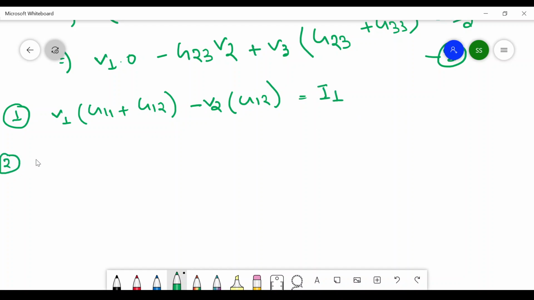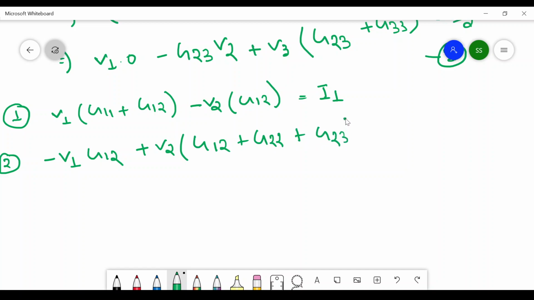For node 2 we get minus V1 G12 plus V2 into G12 plus G22 plus G23, minus V3 into G23, equals 0.